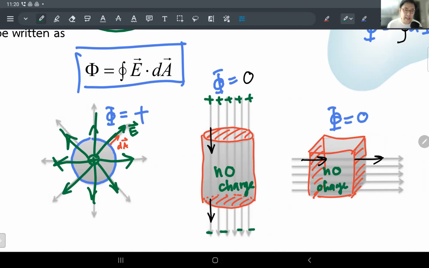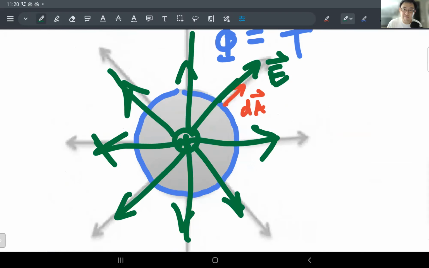I hope this gives you some common sense being built here. When you say there's no flux left inside this closed surface, that means there shouldn't be anything inside, because if there is some charge inside, you should have evidence, like a crime scene.